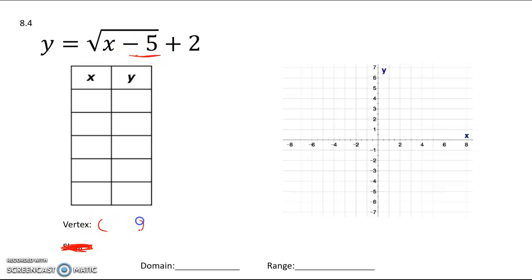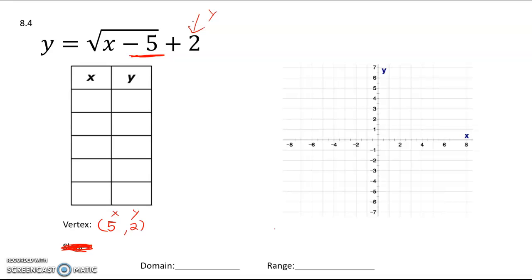Get the vertex, 2 points, x and y. The x value inside the square root function here is minus 5, so I'm going to put a positive 5, opposite the sign. And then on the outside here, I have a plus 2 for my y, so it's going to stay the same as a plus 2.